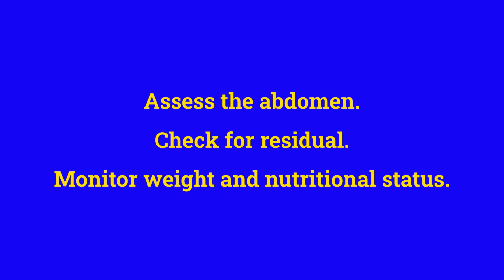Listen for bowel sounds and check for abdominal distension or tenderness. Monitor for feeding intolerance. Look for signs like vomiting, diarrhea, or difficulty passing gas. Check for residual. Before administering a feeding or medication, check for residual and document findings. Vent the tube to release excess gas from the stomach to relieve discomfort or reflux.